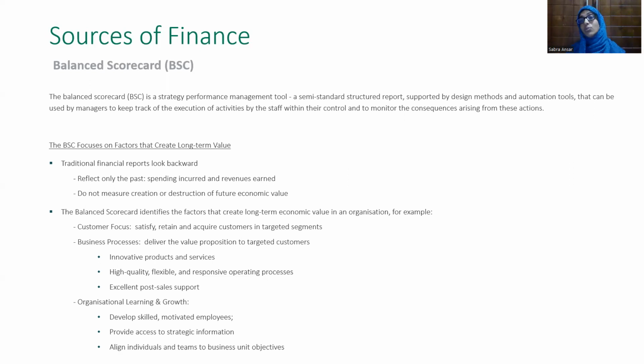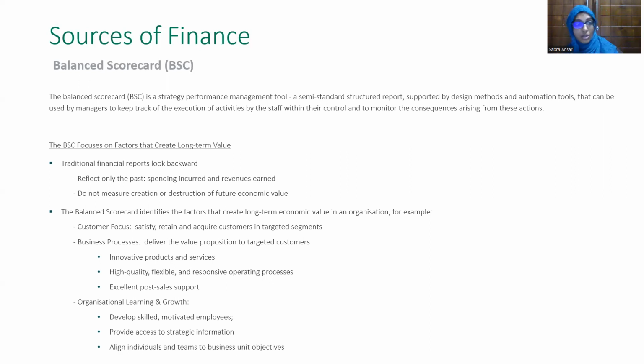So on one side, we'll be talking about the customer, and on the other side, the business processes. Thereafter, organizational learning and growth will be considered, where development of skills of motivated employees and access to strategic information, aligned with team and business unit objectives, will be covered as well.